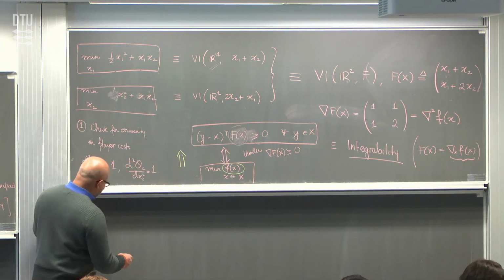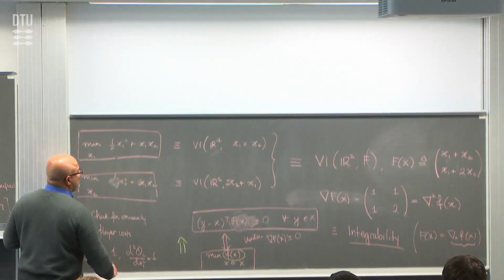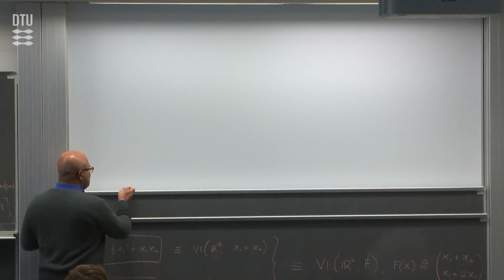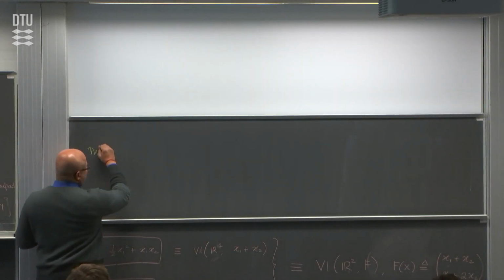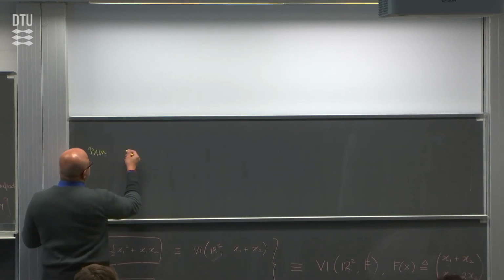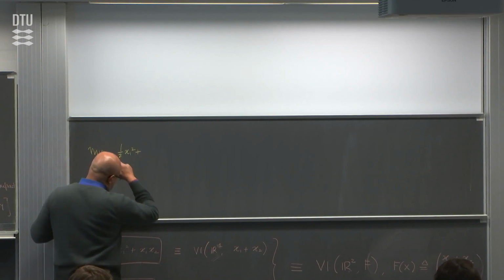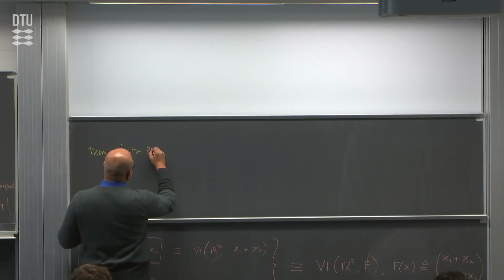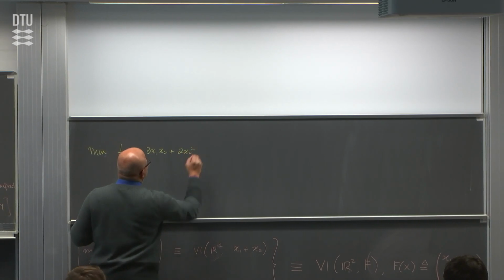So for instance, an example of that is just this problem. Anubhav's question is, suppose the optimization problem is non-convex. Let's take a simple case. Suppose I take half x1 squared plus 3x1 x2 plus 2x2 squared.